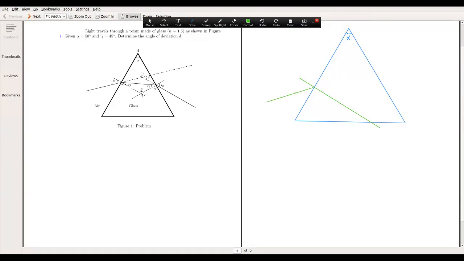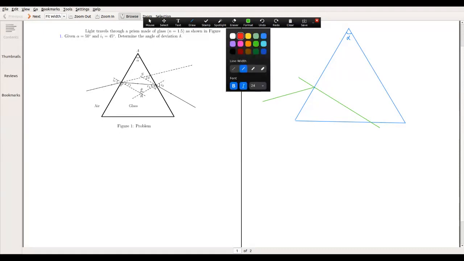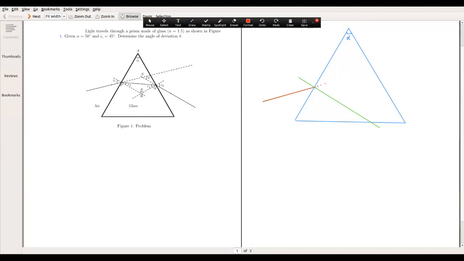And it's pretty much bisecting that angle. And that's your, let me make that in red. So that's my incident ray. Light should go in a straight line if not for the prism, and that line represents that straight line.